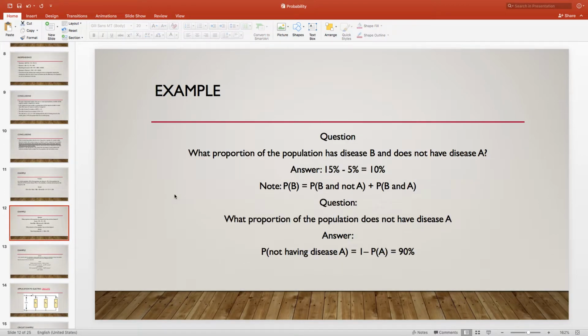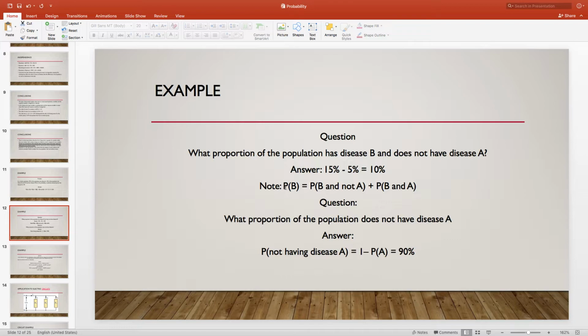Now, you might be asking what proportion of the population has only disease B. Maybe disease B is treatable and you'd like to target them. Well, all you have to do is subtract the intersection. You take disease B and subtract the proportion that has both. So 15 minus 5 gives you 10%.